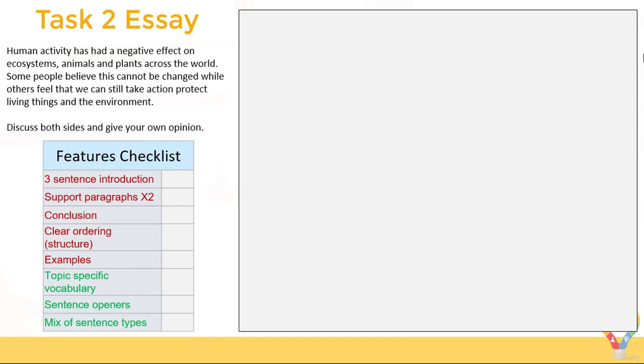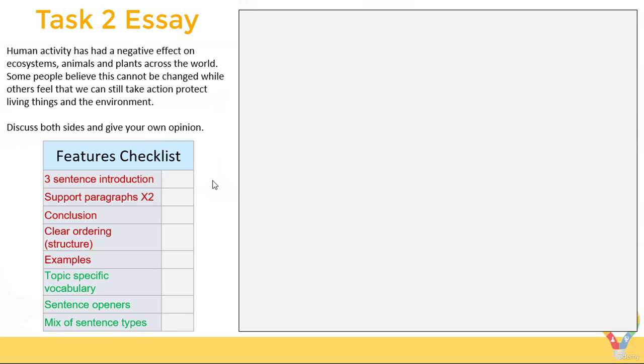To begin our task 2 essay, we will need to include our 3-sentence introduction paragraph. Now, we learnt about this a few lessons earlier, and if you can't remember exactly what the 3-sentence introduction is, I do suggest you go back and have another look.